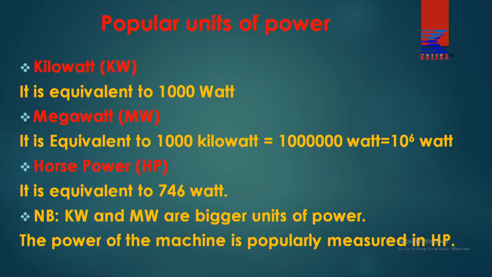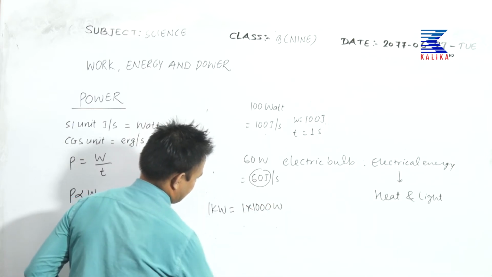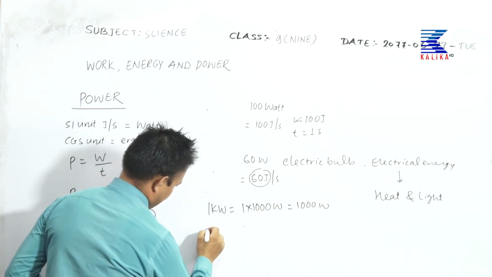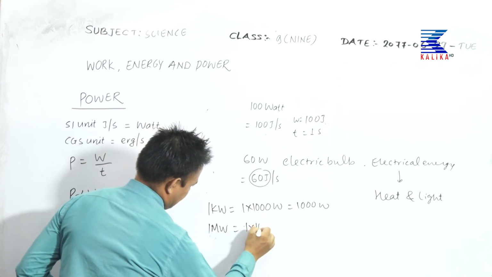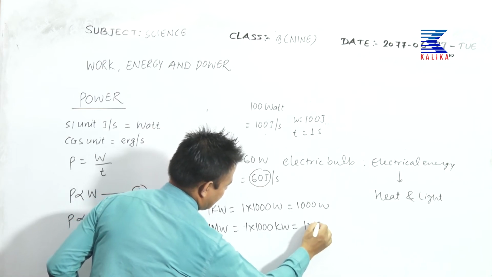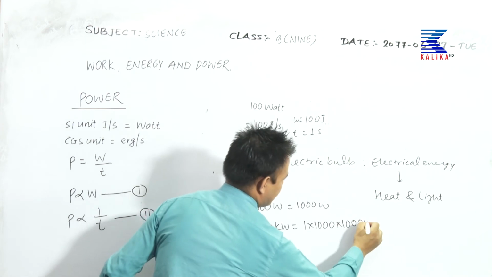So have a look. 1 kilowatt, kilo always means thousand, 1 into 1000 watt, it means 1000 watt. The 1 megawatt means 1 multiplied by 1000 to convert into kilowatt, again multiplied by 1000 to convert into watt.